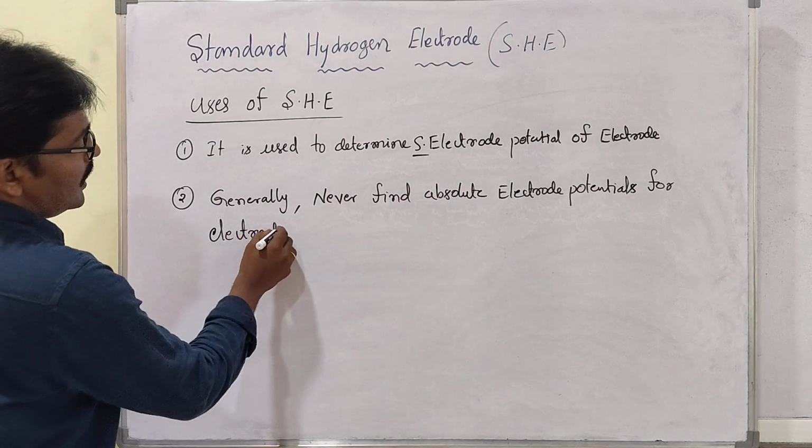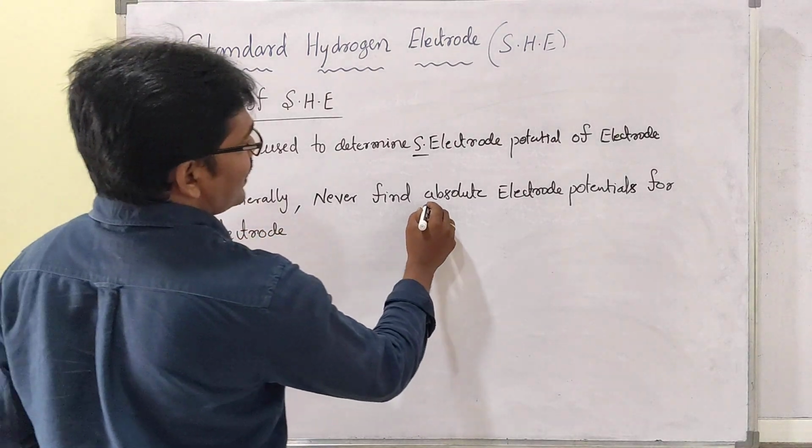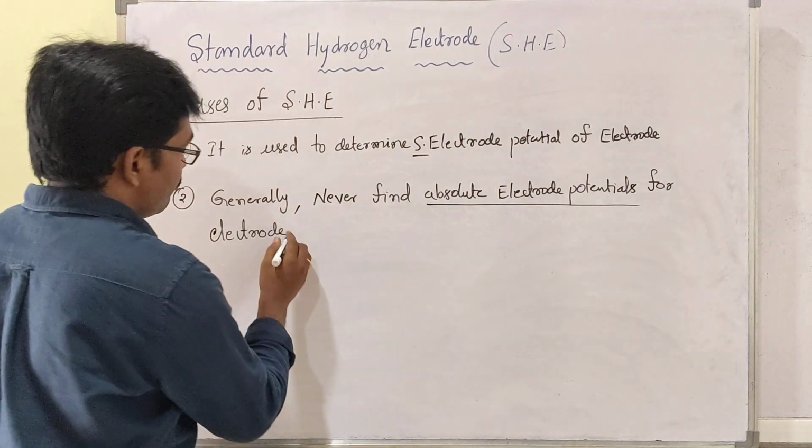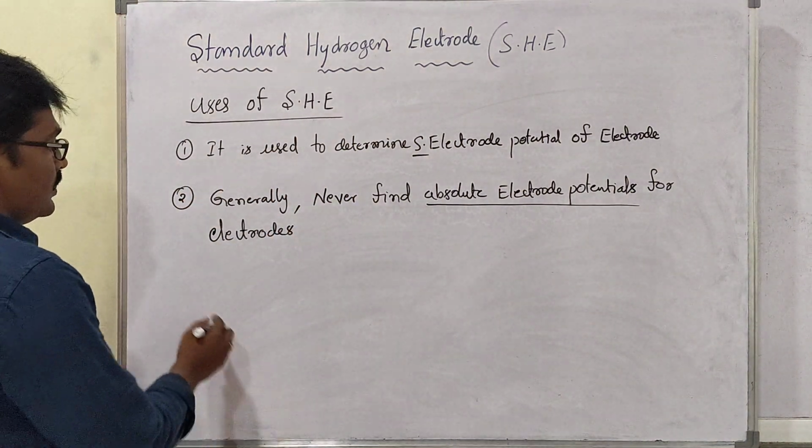Electrodes ki absolute ante exact ga electrode potential find out cheyadam kudaradu.